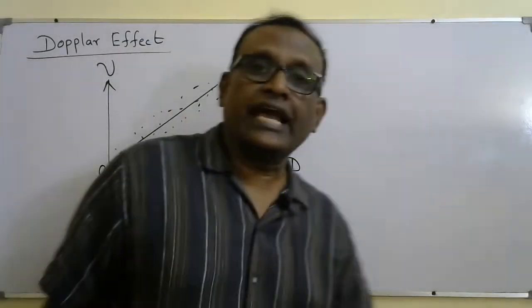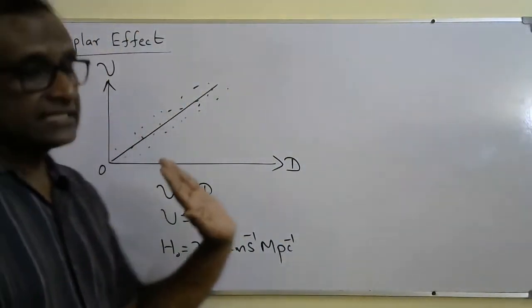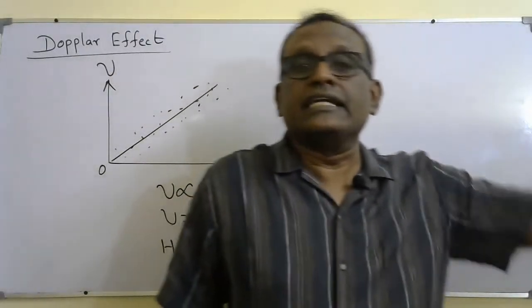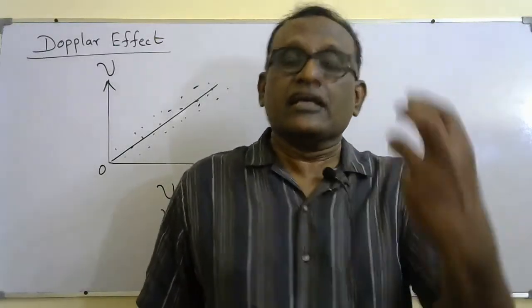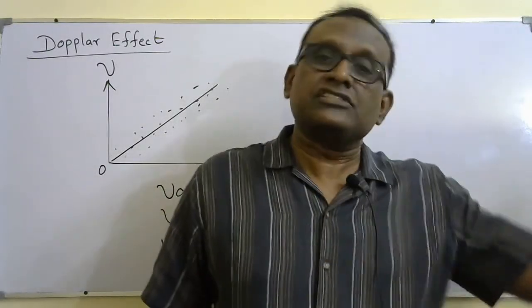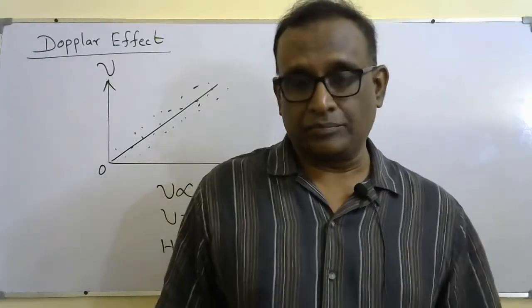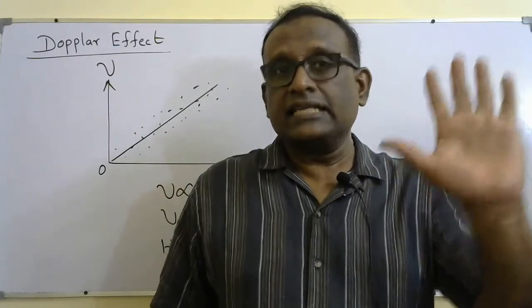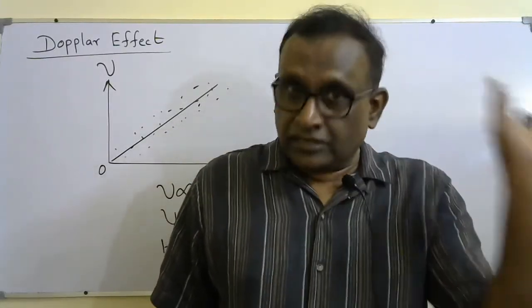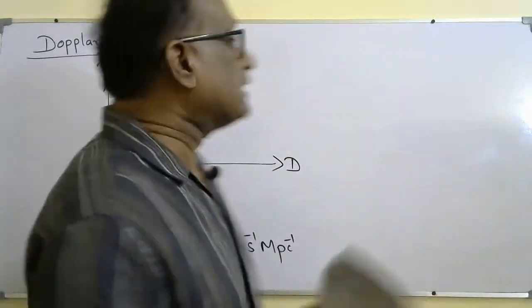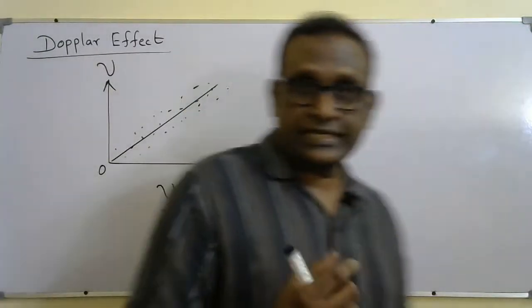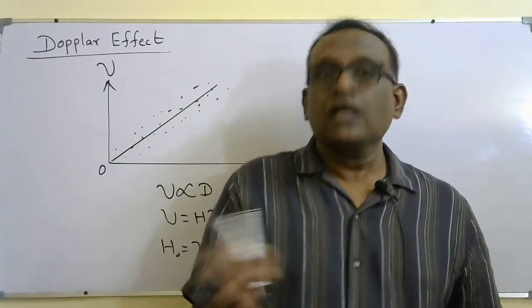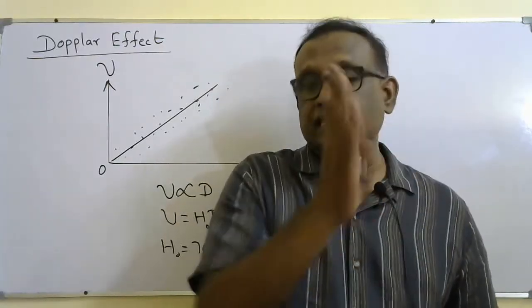Okay, so now we can use this graph to find the distance of much farther away galaxies. Say there's a galaxy which is much farther away, more than 50 megaparsec. So in that galaxy, measure the redshift. We call redshift delta lambda over lambda. Measure it from the absorption spectrum. Measure the shift delta lambda.